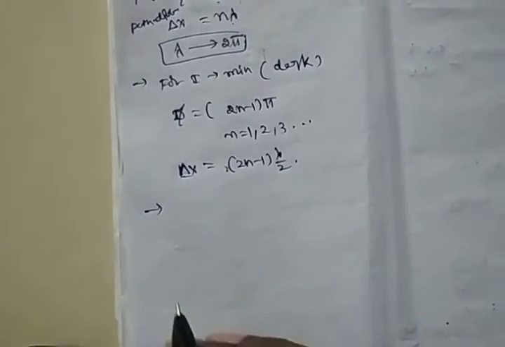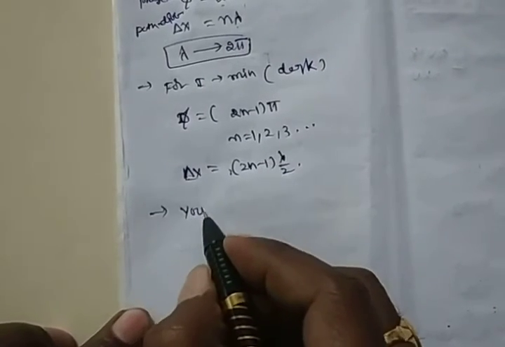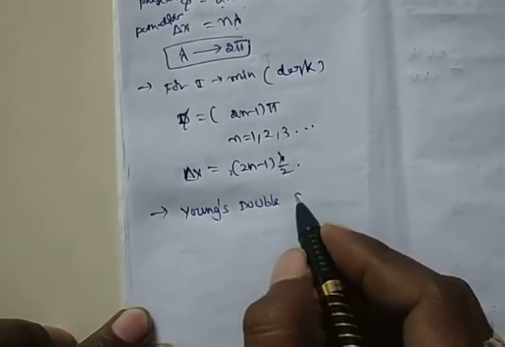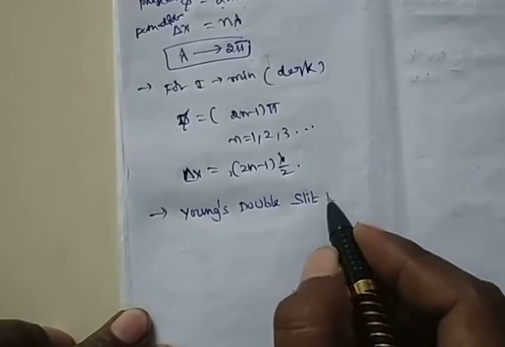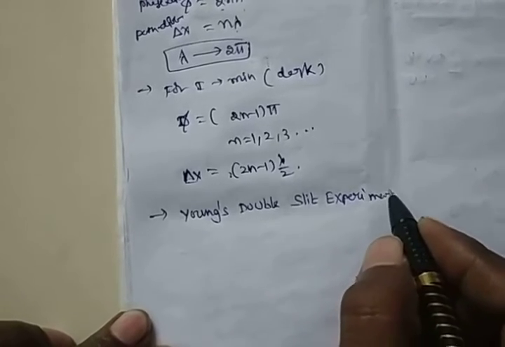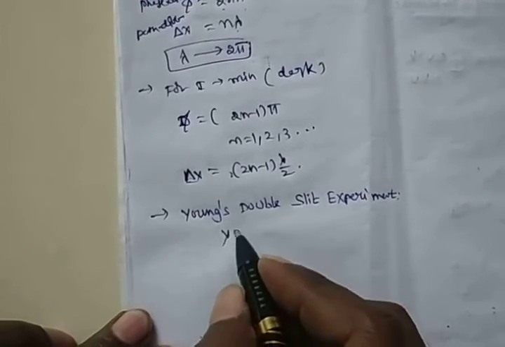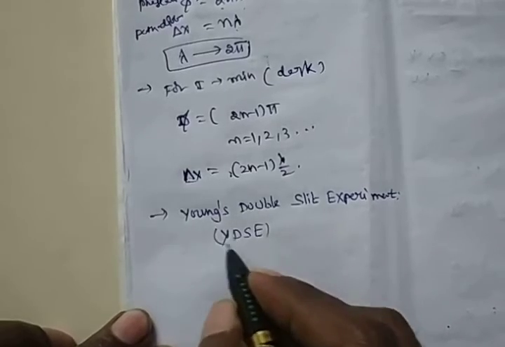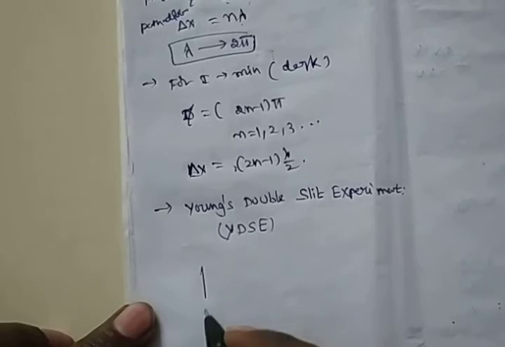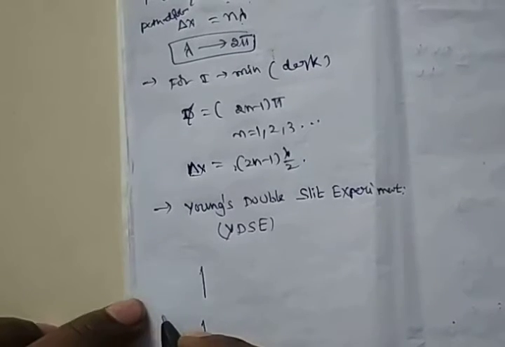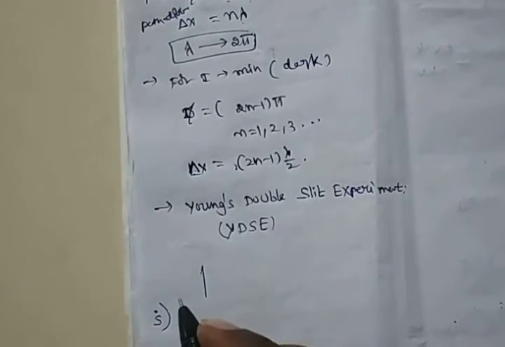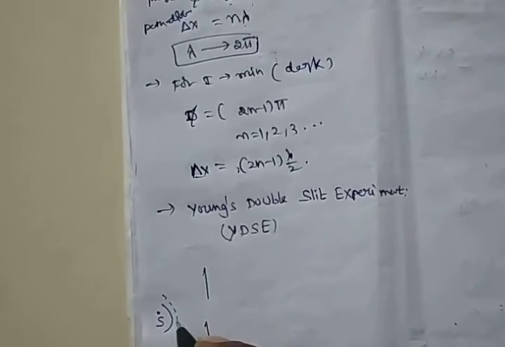Now this is Young's double slit experiment, called YDSE. Let us consider a primary source. That primary source is emitting waves in the form of crests and troughs.